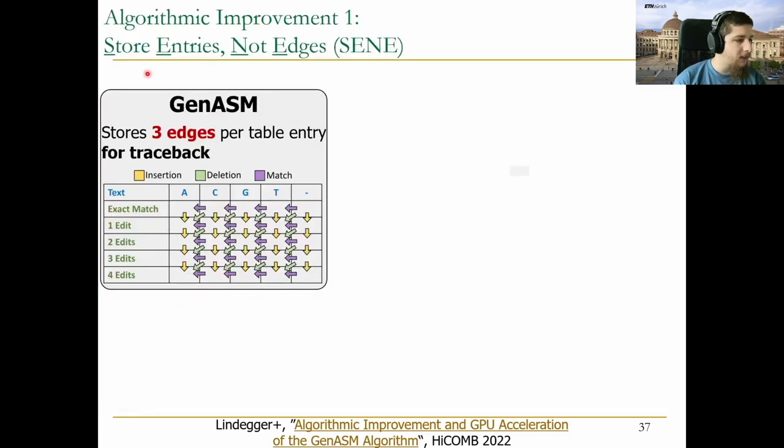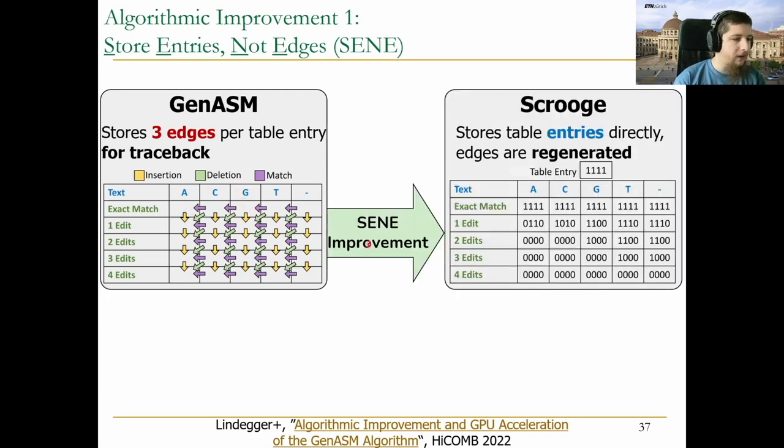So we figured out that in the DP table, the original Genome algorithm stores 3 edges. Right? In the pseudocode I showed, these were bit vectors. If you draw it as a table layout, these are really these arrows or edges between cells. And it stores 3 of these per cell. And what we figured out is that it's actually sufficient to just store the cells themselves.